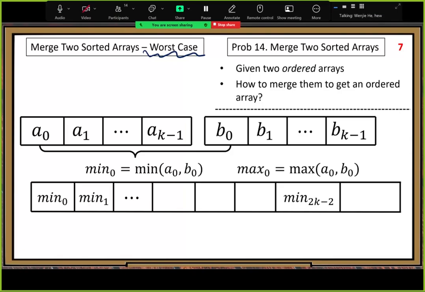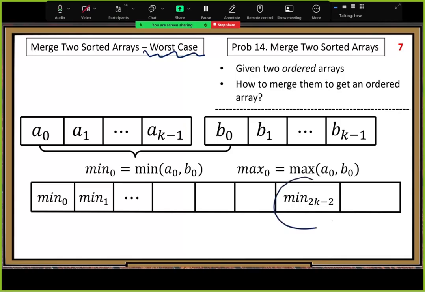When you do comparisons, after each comparison you put one element in place. Now consider the last comparison that helps you put one element in place.